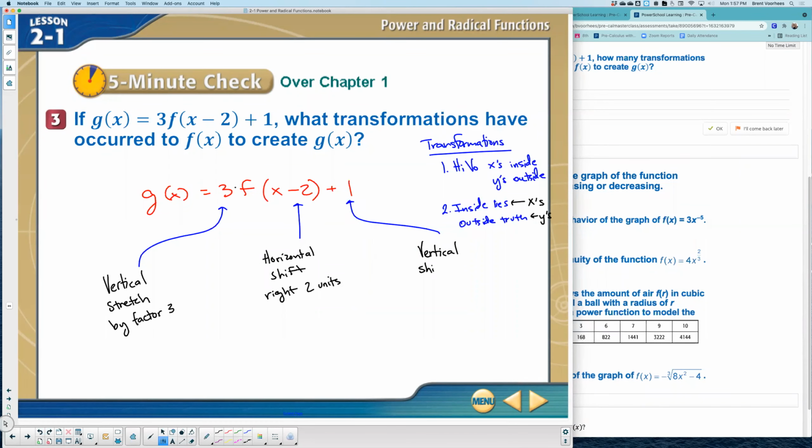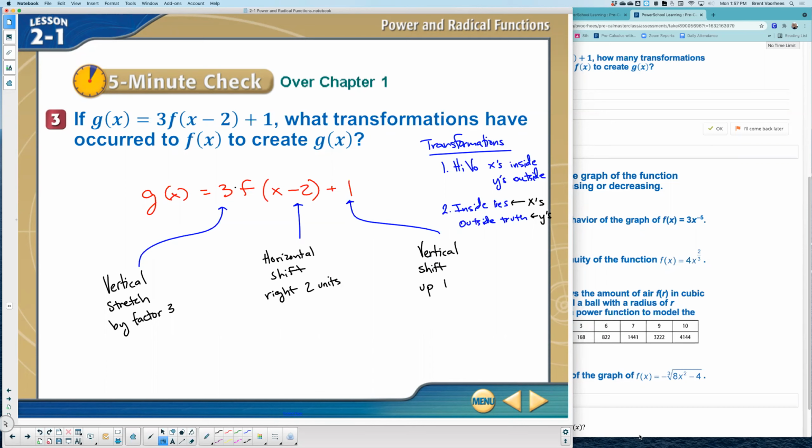It'll shift it or slide it. Yep. And so you're correct, Peyton. You're saying it's going to go up 1 on the y-axis. I agree. Up 1. And so that right there would be your bell ringer. Go for it.